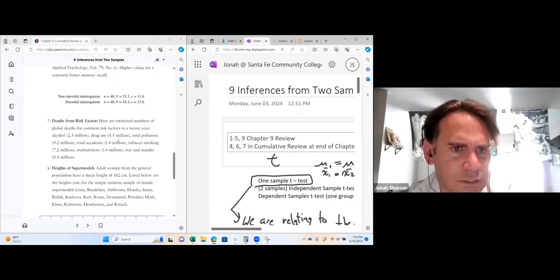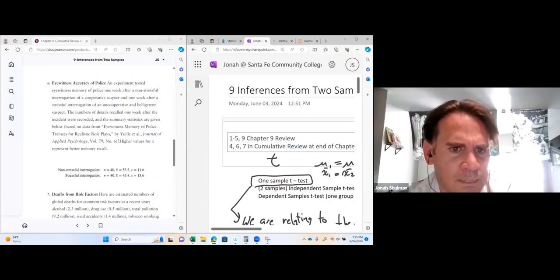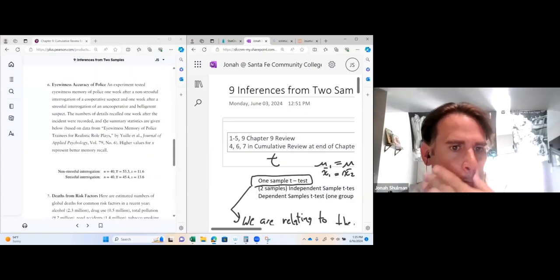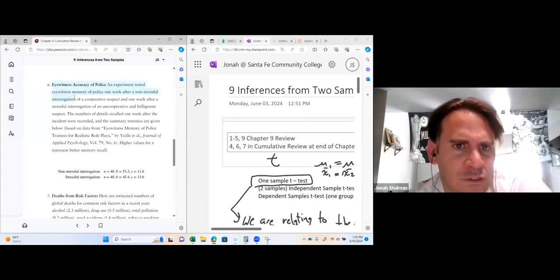For 6, an experimenter tested eyewitness memory of police after a non-stressful interrogation of a cooperative suspect and 1 week after a stressful interrogation of an uncooperative and belligerent suspect. The numbers of details recalled 1 week after the incident were recorded. And is it the same person?